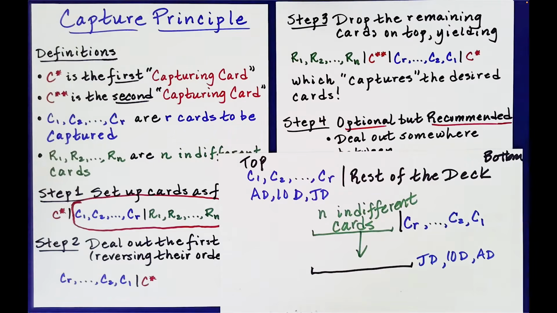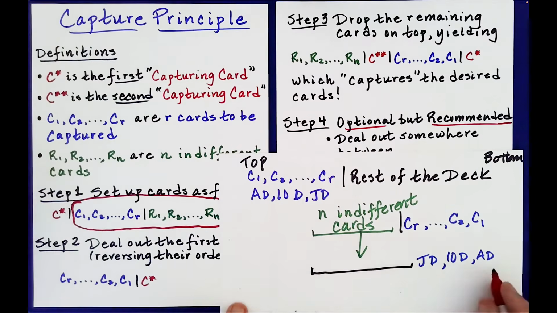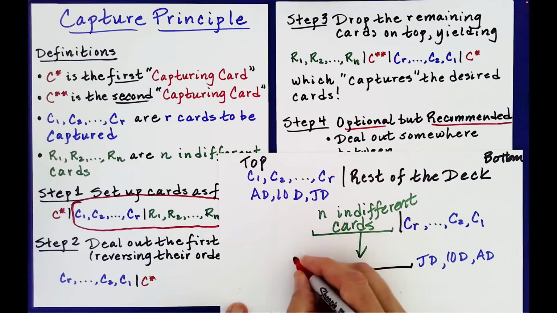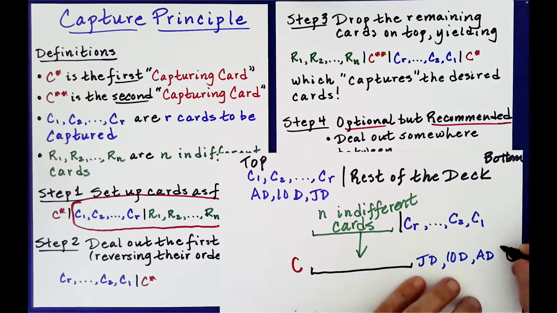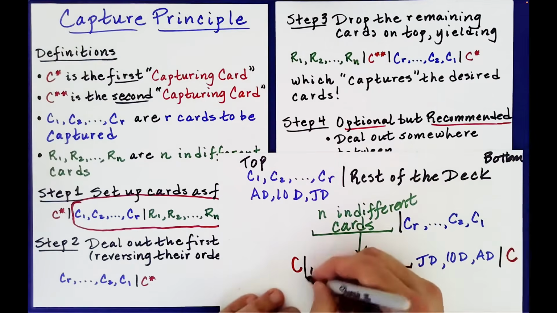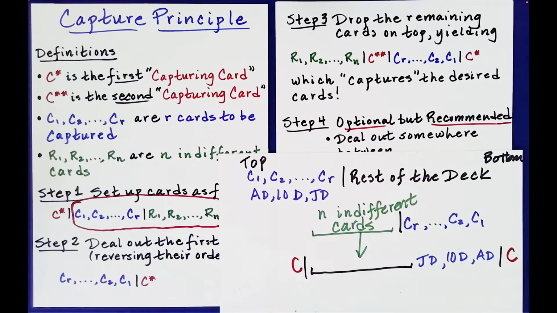At that point, what I did was I sandwiched these cards between, I'll just call it C for capturing cards. It actually doesn't matter which one's on top or which one's on bottom necessarily. Okay, so I sandwiched this packet.